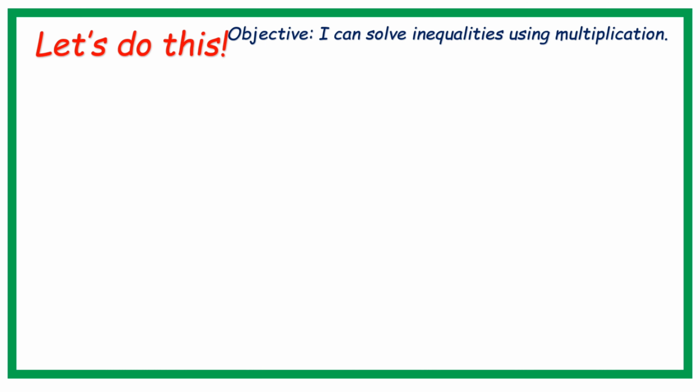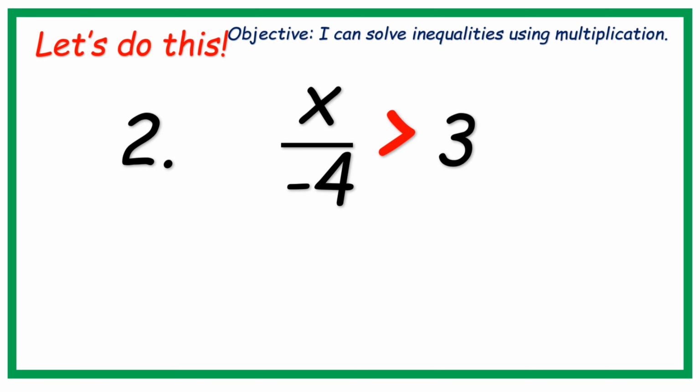Let's have another example. X divided by -4 is greater than 3. How are we going to solve this? Our goal is to isolate the variable, right? By multiplying by -4.